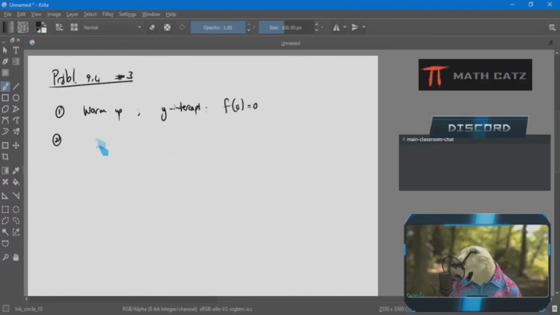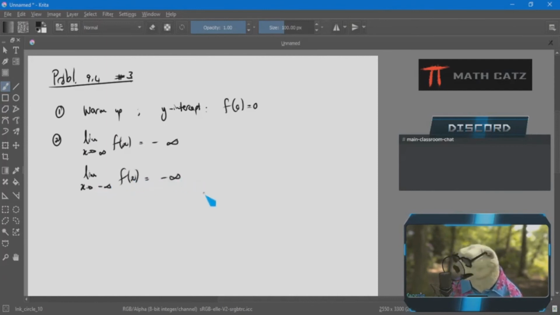Then when I come to step 2, now I don't have to number all this, but it makes it feel familiar. The limits, long-term behavior limits, far to the right, negative infinity, far to the left, also negative infinity.